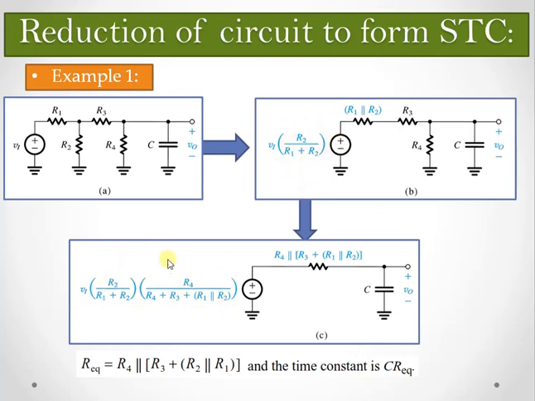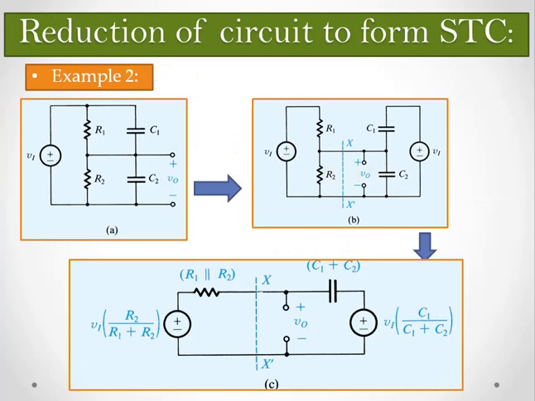We get the new Thevenin voltage here, and the equivalent Thevenin resistance, which is R4 parallel with R3 plus R1 parallel with R2. I have denoted it as Req, and the time constant for this STC circuit, that is the single time constant circuit, is equal to C multiplied with R equivalent. So this is one of the simplest examples of a single time constant circuit.